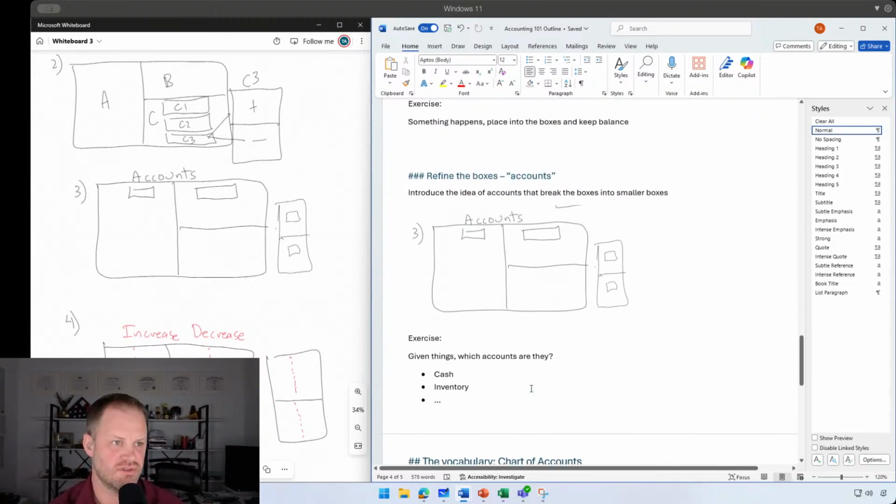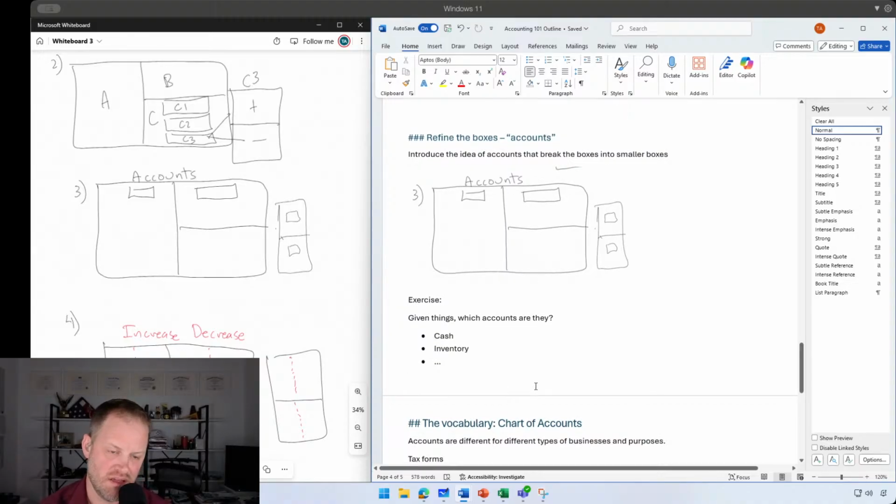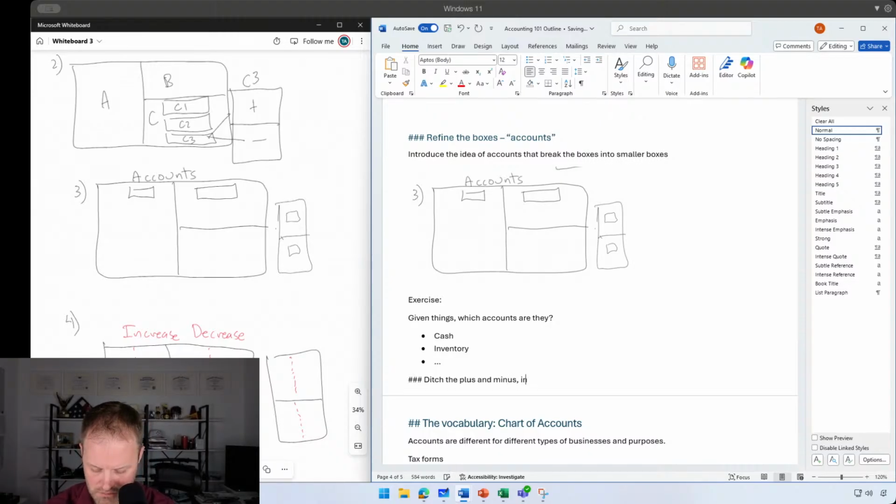Okay, from there, I'll say introduction, or ditch the plus and minus, introducing the center line, increases and decreases.